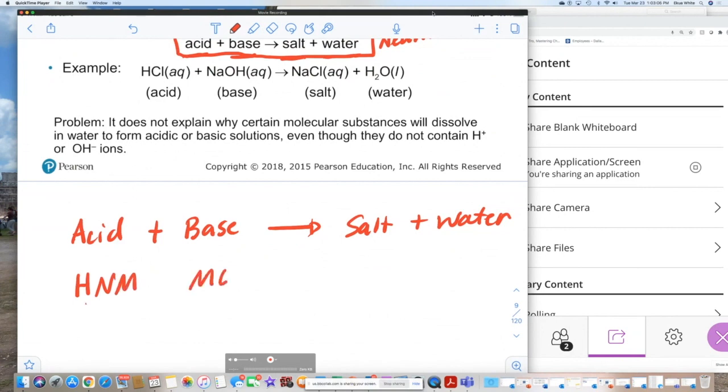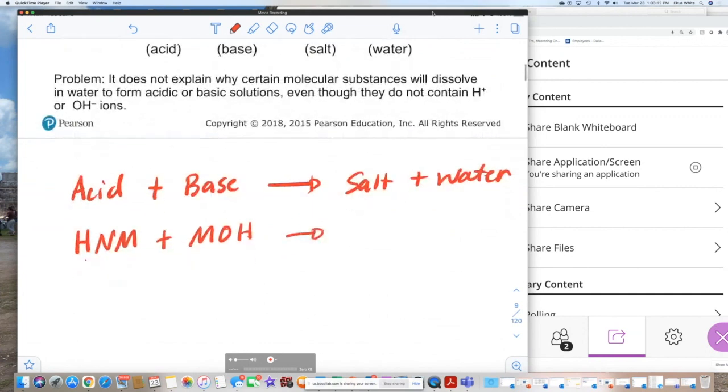Base has a metal and hydroxide. So you add these here to form salt and water. Remember, these ionize. I have no idea what the charges are, so when I ionize these, I get H plus, and then the nonmetal, based on this, has a negative charge. And then from here, I get the metal, positive, hydroxide, negative.